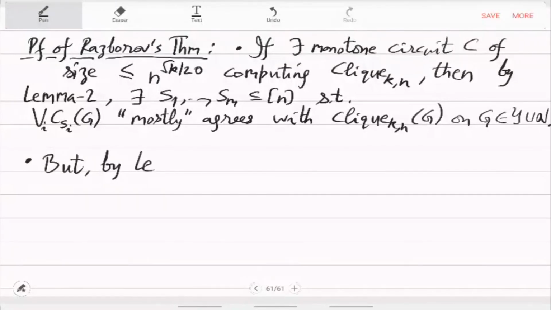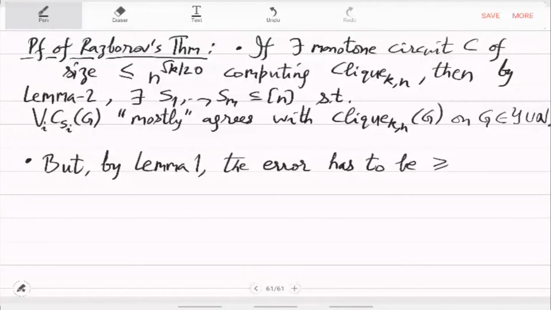But by lemma 1, the error is at least 99%, which implies a contradiction. So lemma 1 and lemma 2 contradict.